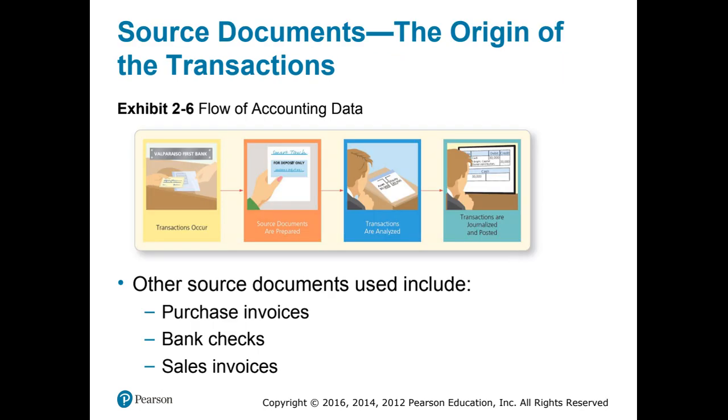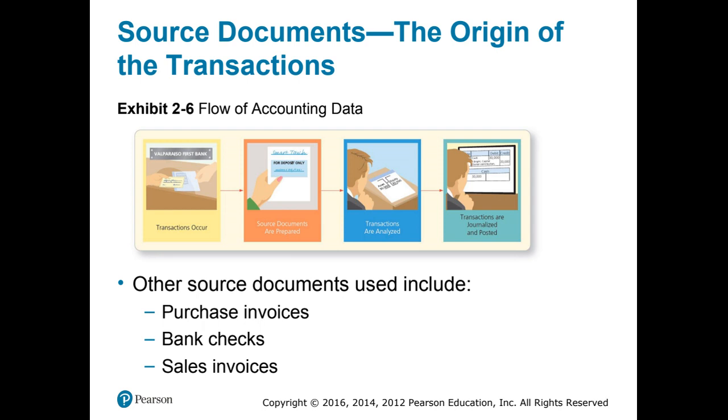We're looking here at the flow of accounting data. So first, a transaction occurs, then source documents are prepared: invoices, packing lists, POs, all sorts of different types of source documents can be created. But source documents are prepared, and then the transaction is analyzed. Okay, we're looking at this transaction. Does this make sense?